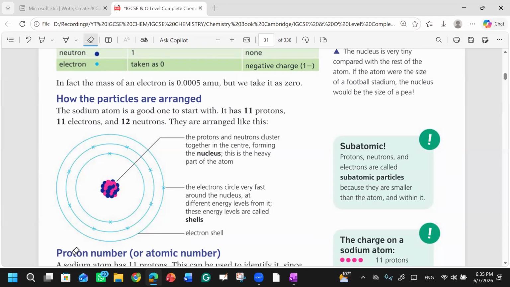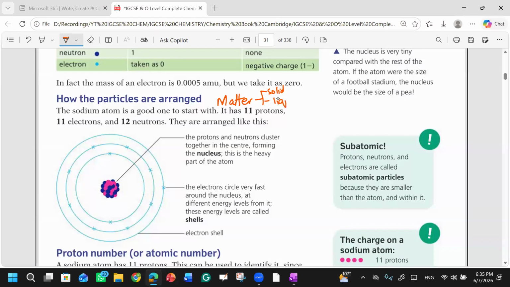Are you clear with this? There is matter firstly, and matter can be solid, liquid or gas, and they are made up of atoms.